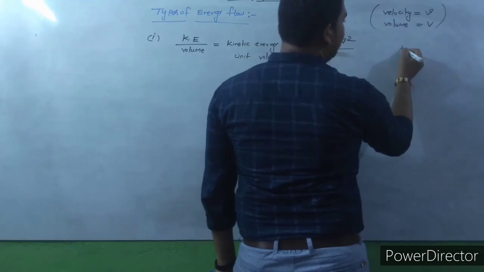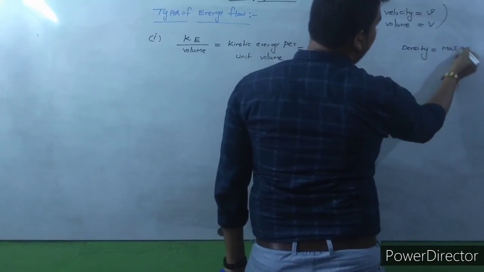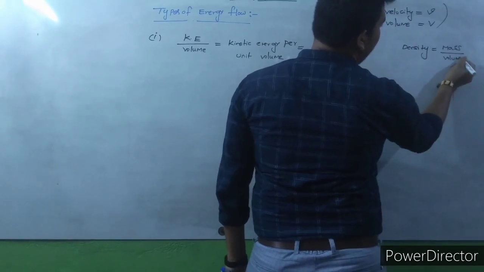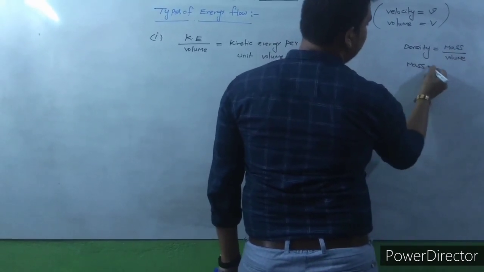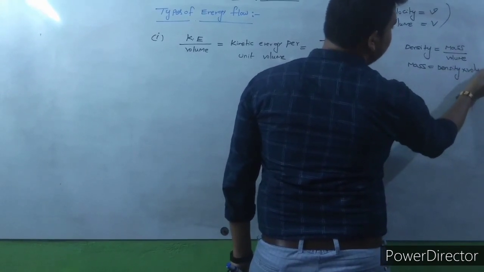We know that density is equal to mass by volume. Then mass is equal to density into volume.